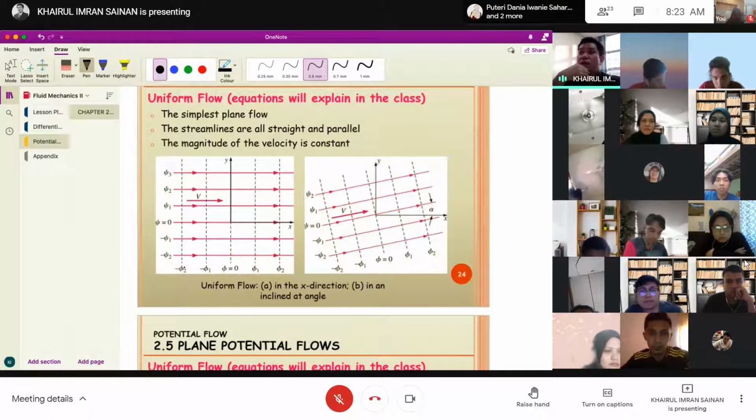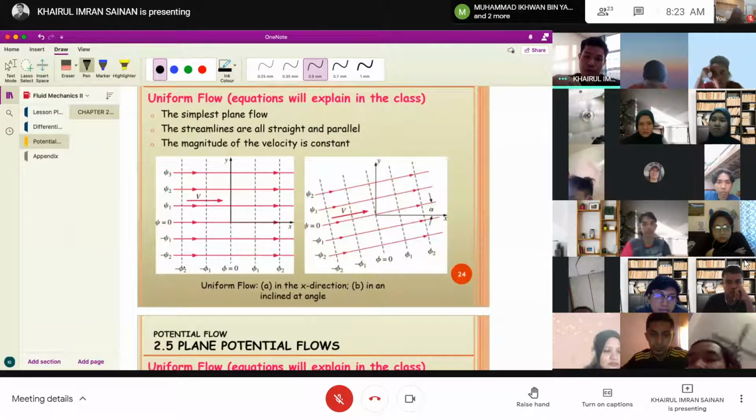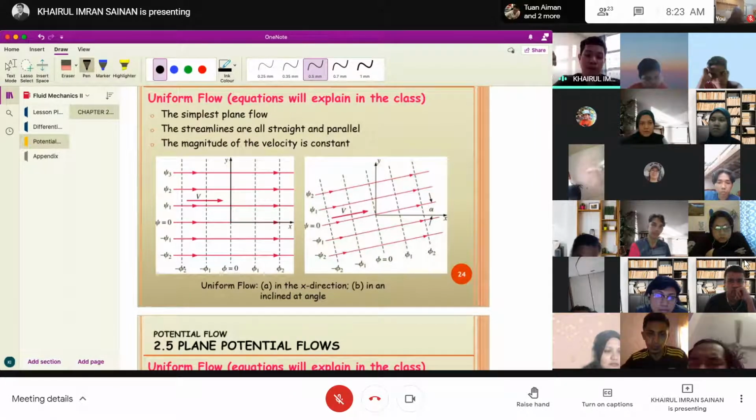Imagine if your axis is flipped and x is actually to the left. Then your phi is going to be different. The one to the left is going to be positive, the one to the right is going to be negative. Similar for the y direction as well.